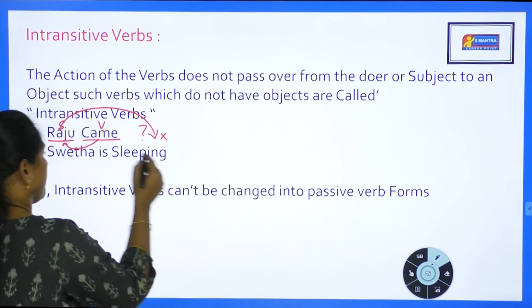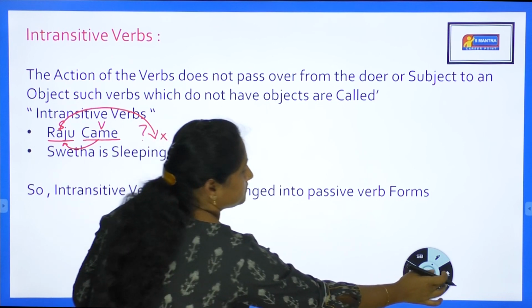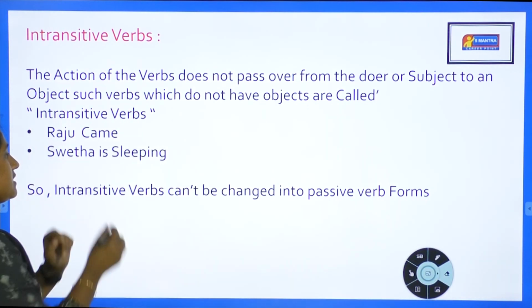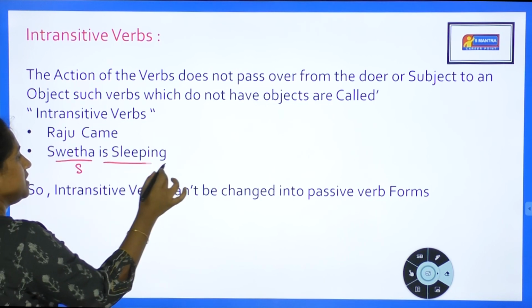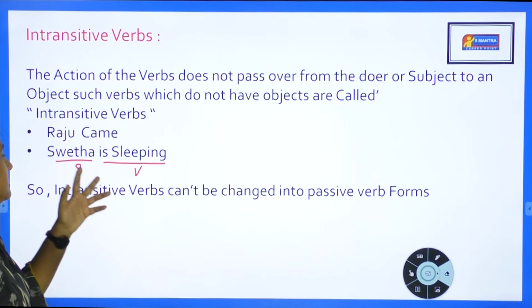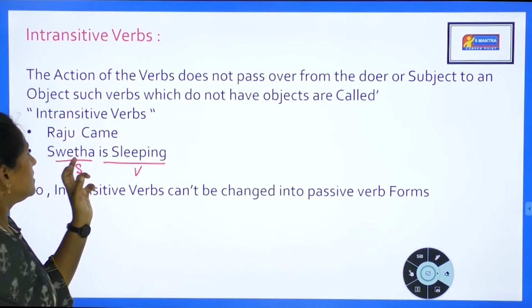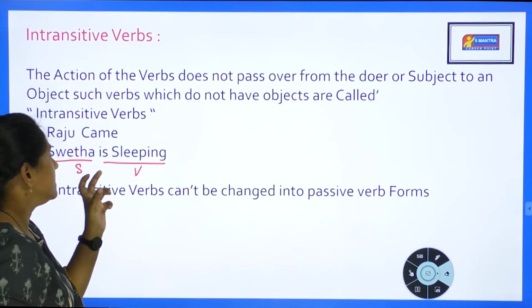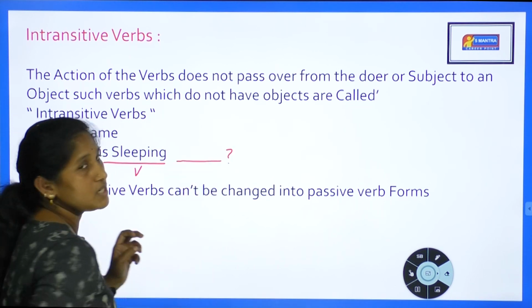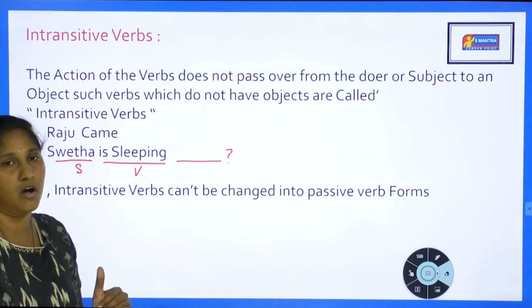object. Okay. So again, if you see another example, Shweta is sleeping. Shweta is the subject, sleeping is the verb. Is there any information about the object? There is no information about the object.